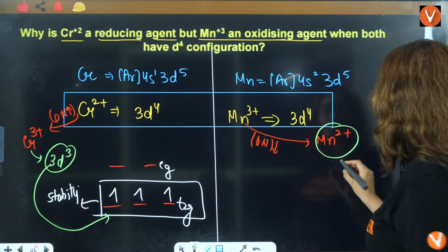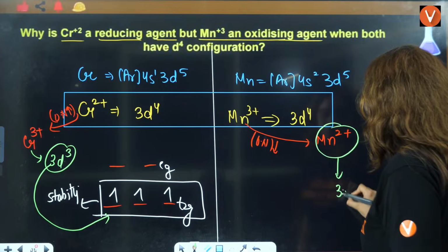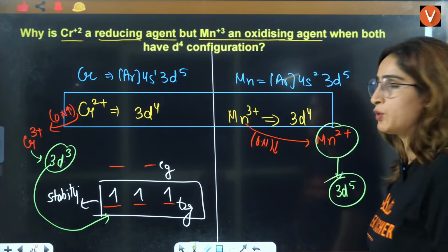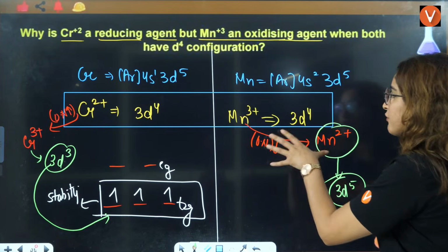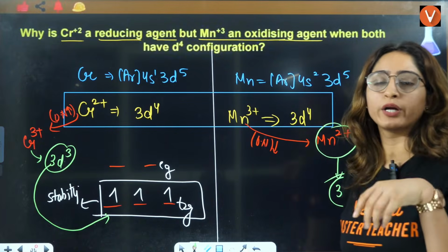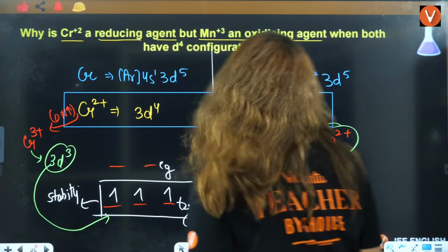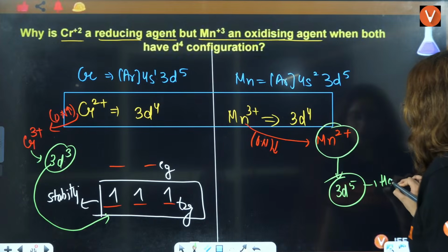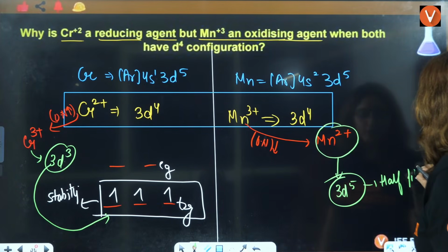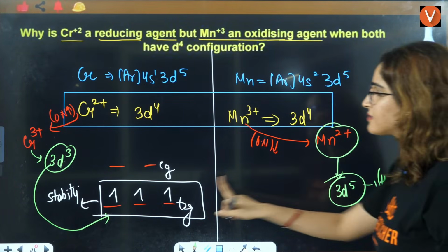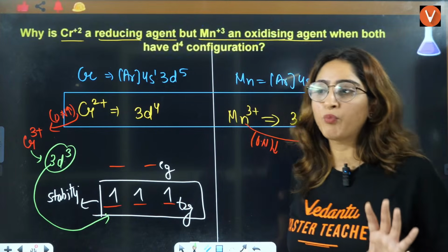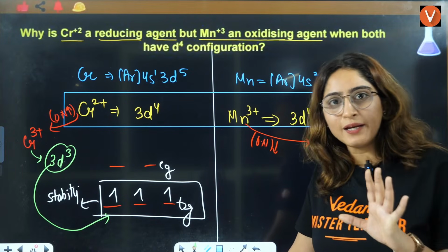It will get converted to 3d5, which is a half-filled stable configuration. Both have their own stability.